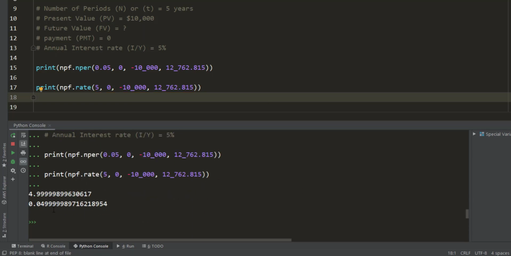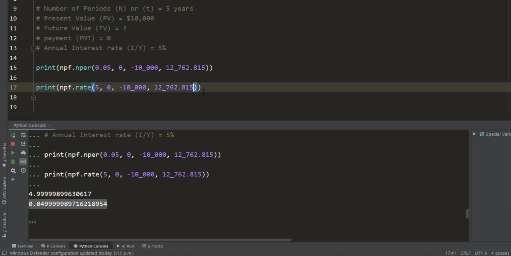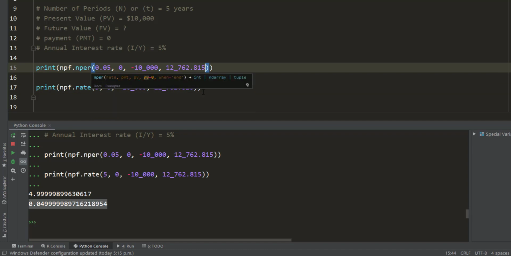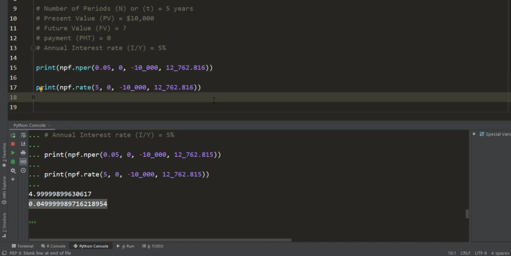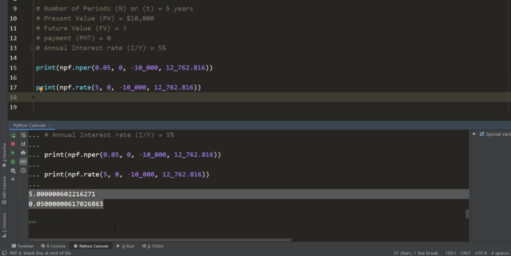And as you can see, we got exactly the same rate as our 5% here. Maybe if you give it 6, it would be even better because it's closer to 6. We round it up instead of rounding it down. As you can see, exactly, that's what we got here.